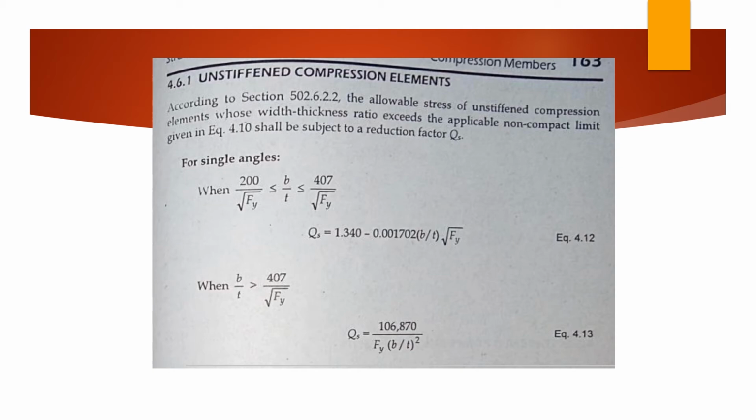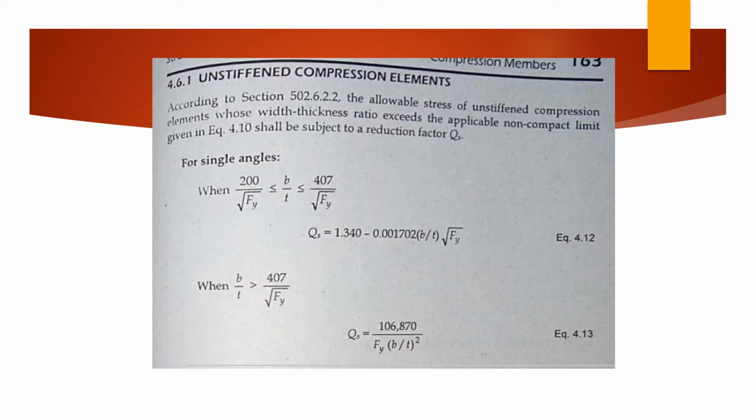So for single angles, when 200 over square root of Fy is less than B over T and B over T is less than 407 over square root of Fy, the reduction factor is 1.340 minus 0.001702 times B over T times square root of Fy.